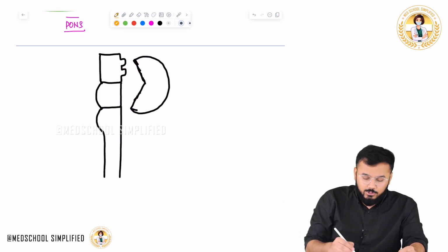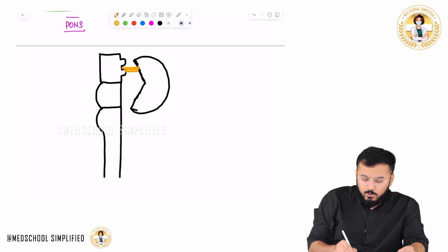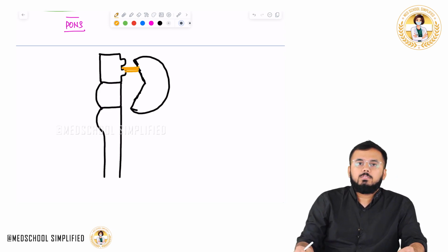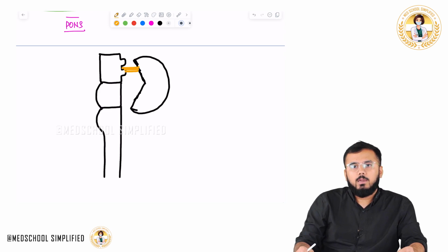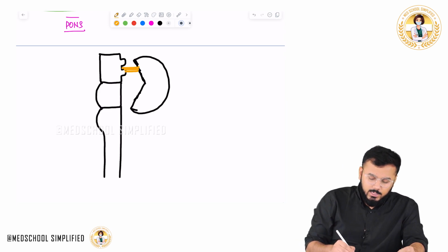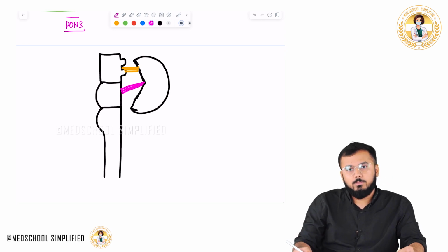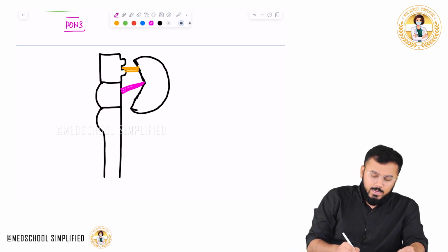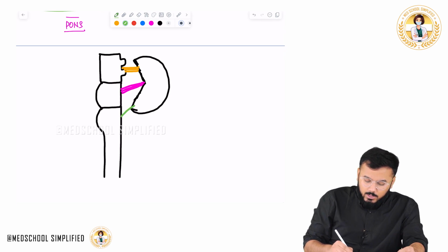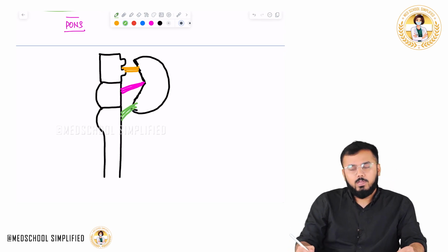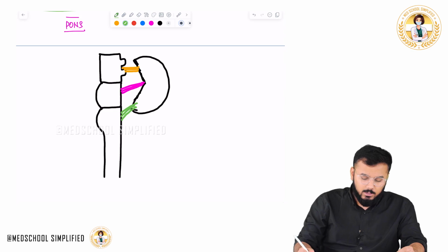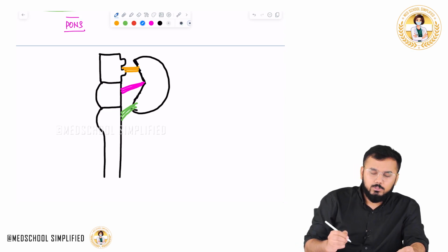Midbrain is attached to the cerebellum with the help of a group of fibers called the superior cerebellar peduncle. In the same way, the pons is attached to the cerebellum with the help of a group of fibers called the middle cerebellar peduncle, and the medulla oblongata is attached to the cerebellum with the help of the inferior cerebellar peduncle. So there are three important peduncles over here.